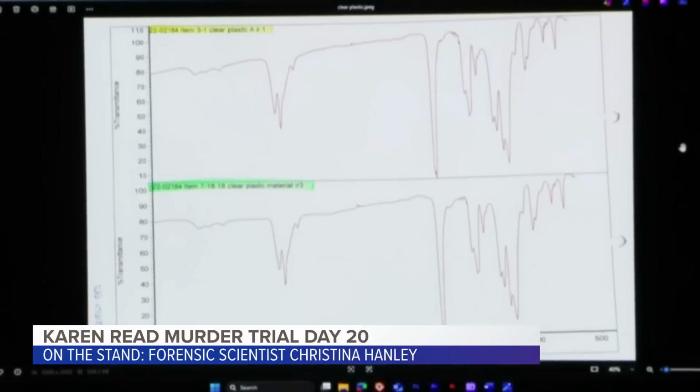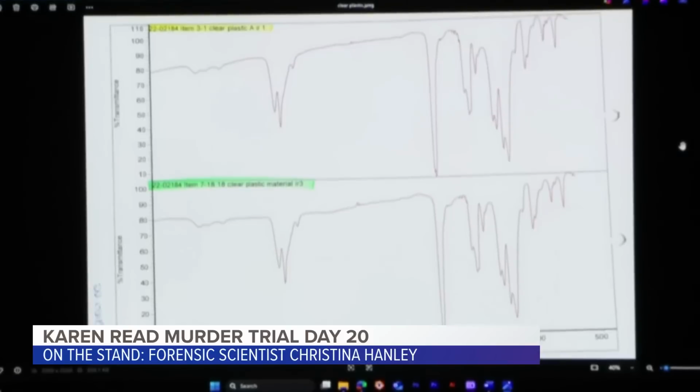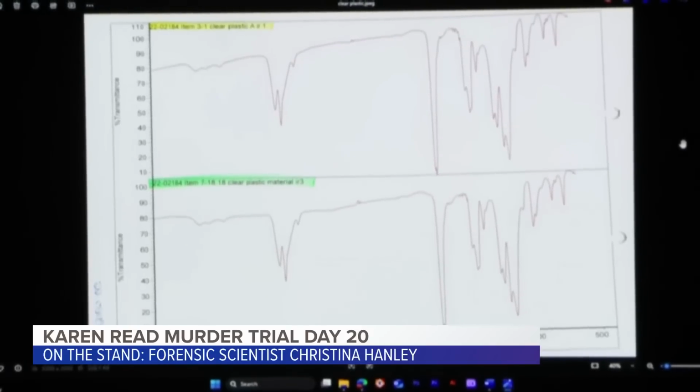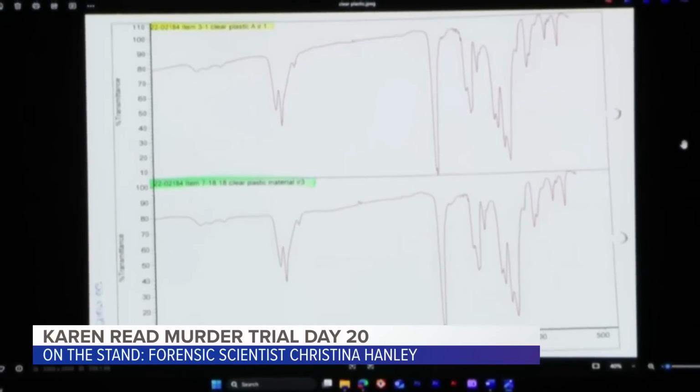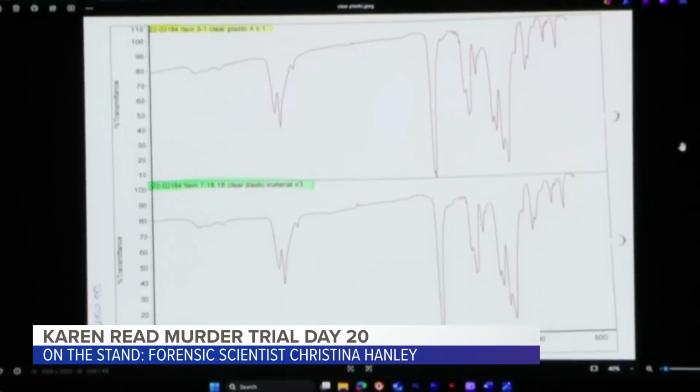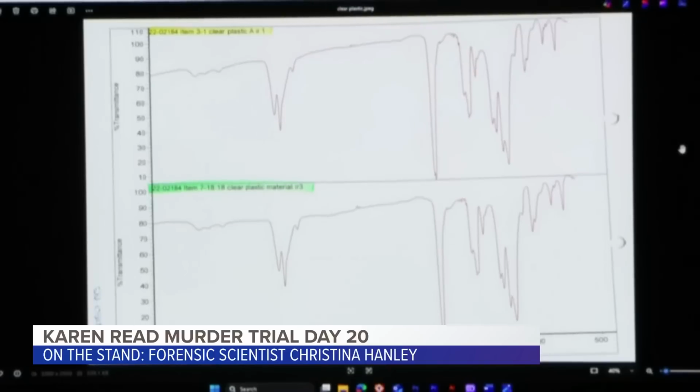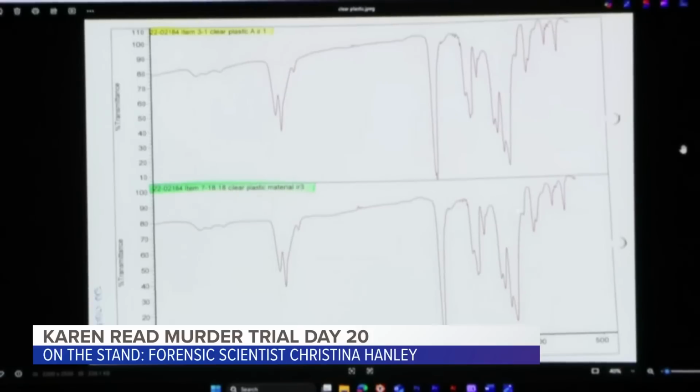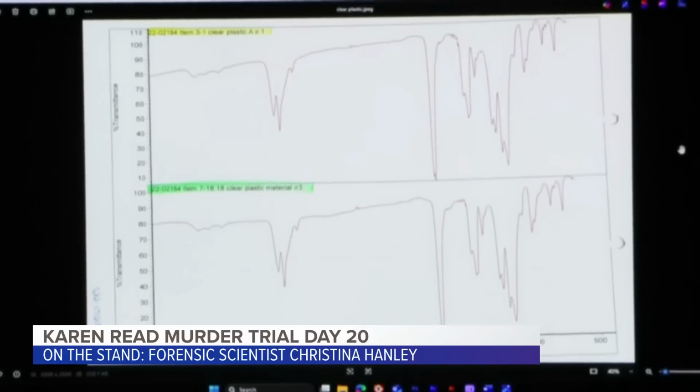And Ms. Hanley, when you're comparing these two, what is it specifically that you're looking at in your comparison as far as the data is concerned? So when I'm comparing the spectra, I'm looking at the peaks in each sample to determine if they are consistent or not consistent.